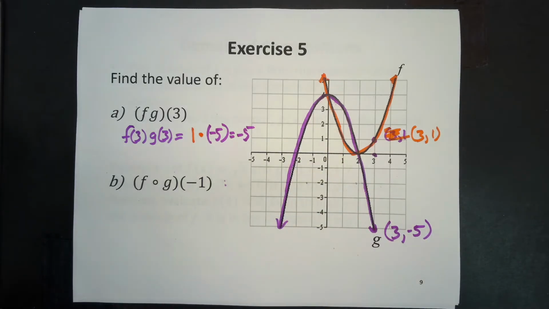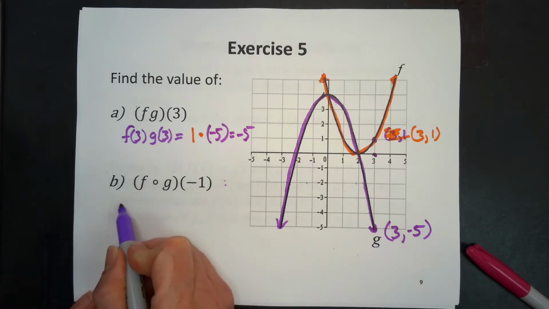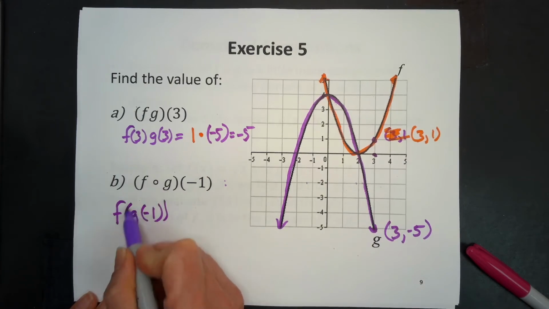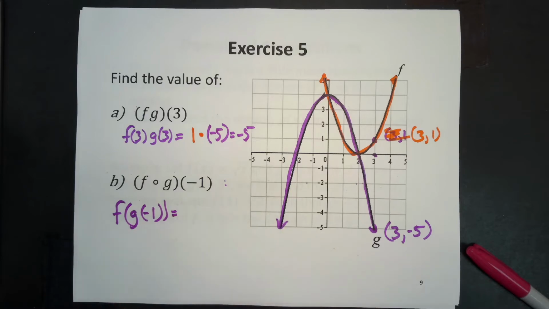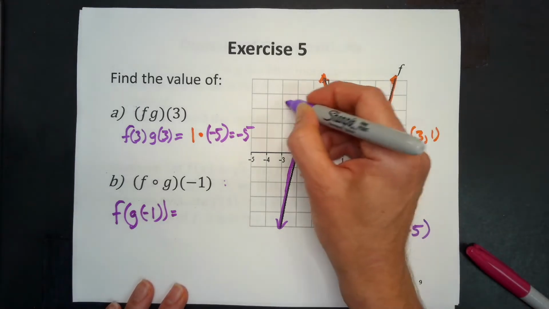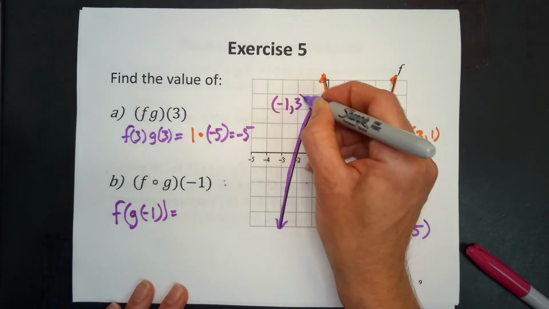Now compositions are a little bit different because you kind of have to go on a chase. Because here we have f composed with g of -1. So I have f of g of -1. So what is that going to give us? Well, I first have to find out what g of -1 is. So I go over here and I plug in -1 and I get -1 comma 3 back out.